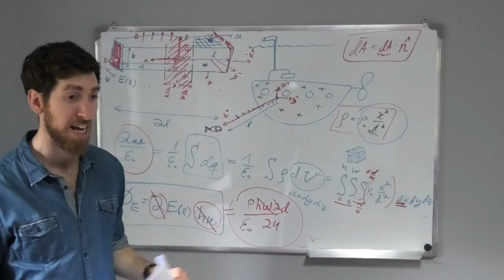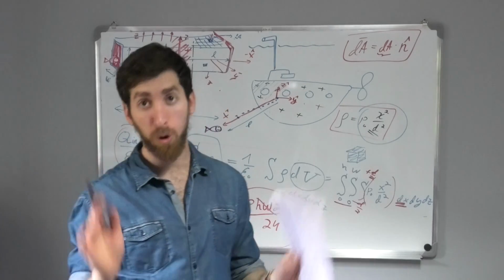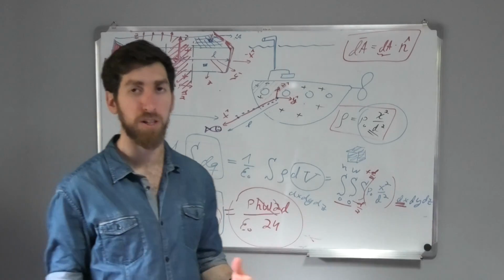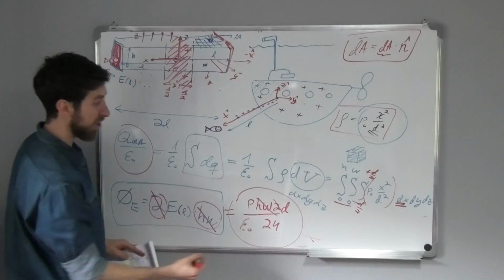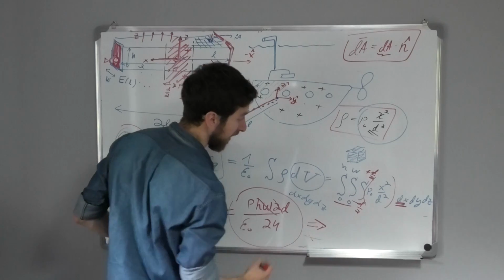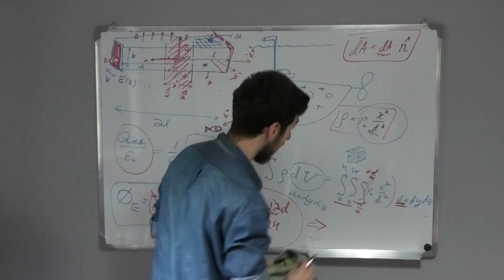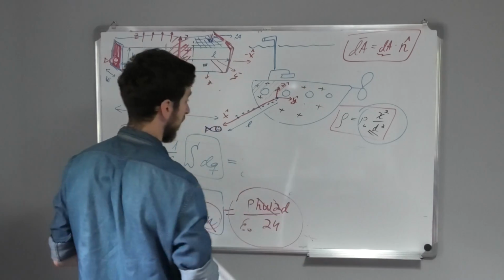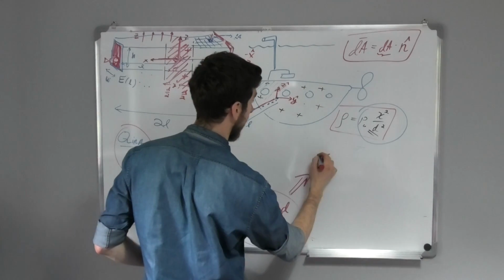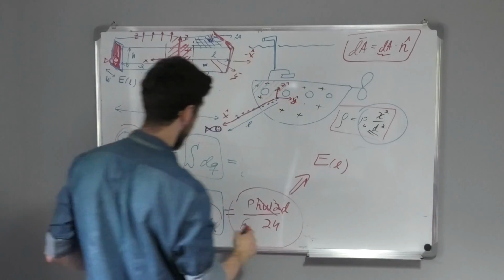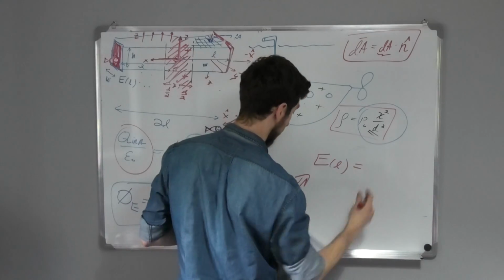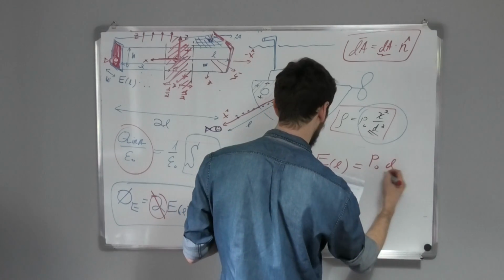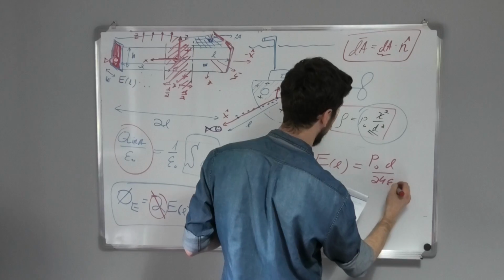I can tell you ahead that if you would choose a cylinder, it would also work on this one, but I want to show you other areas because the next question we're going to deal with cylinders. So what I'm actually getting is that the electric field, let's do it here, I got that E at location L is equal to rho 0 d squared over 4 epsilon 0.